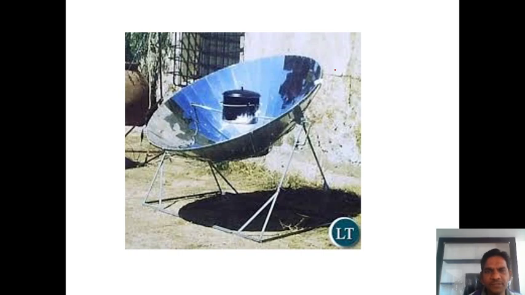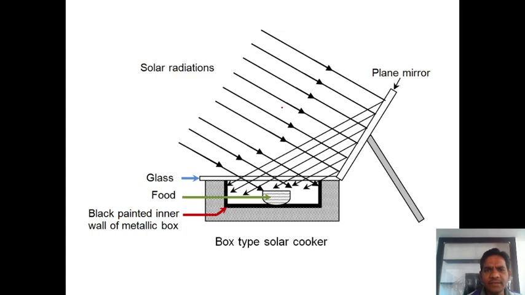Okay, this is the diagram of the parabolic type construction of a solar cooker. This is the parabolic type concentric collector, and this parabolic type of concentric collector is also used for cooking the food. Okay, so these are the various diagrams available.